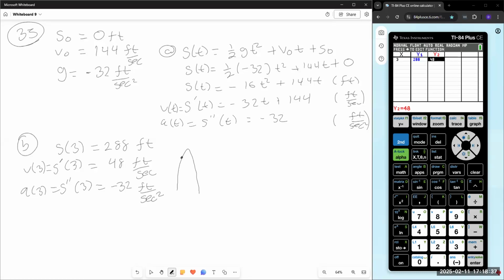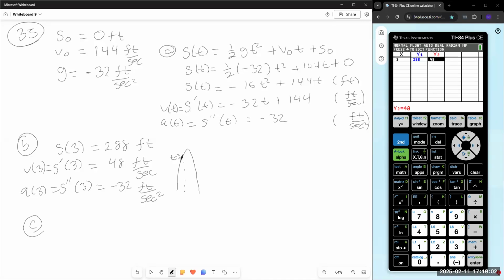We're right there, t equals 3. We are at 288 feet off the ground. We're traveling upwards at 48 feet per second, and gravity is pulling us down at 32 feet per second squared. We're getting close to this top point though, which is what we want to find in part C.